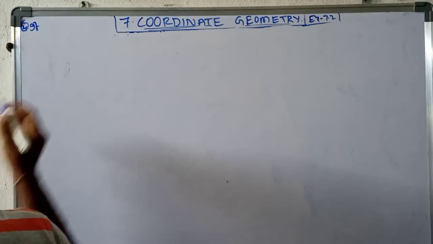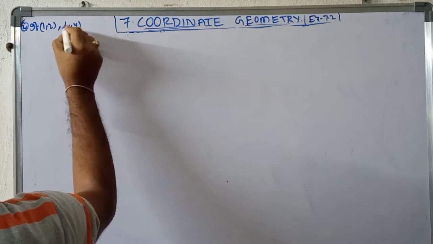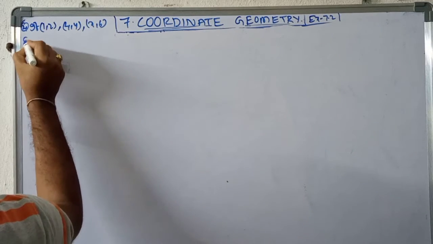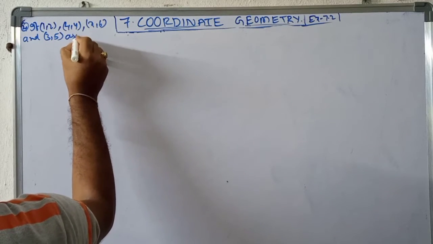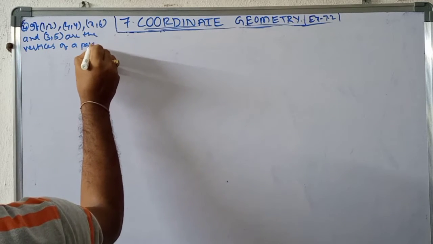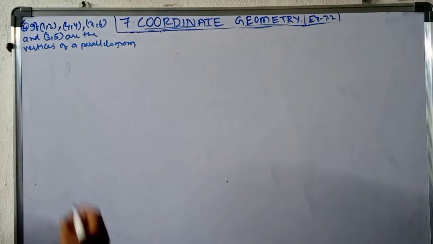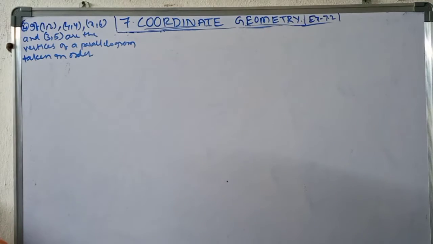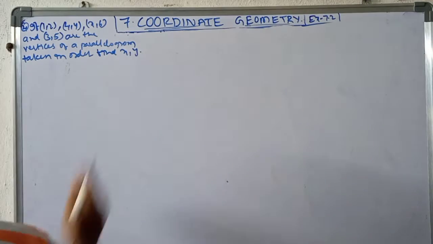If 1 comma 2, 4 comma y, x comma 6 and 3 comma 5 are the vertices of a parallelogram taken in order, find x and y, find x comma y.